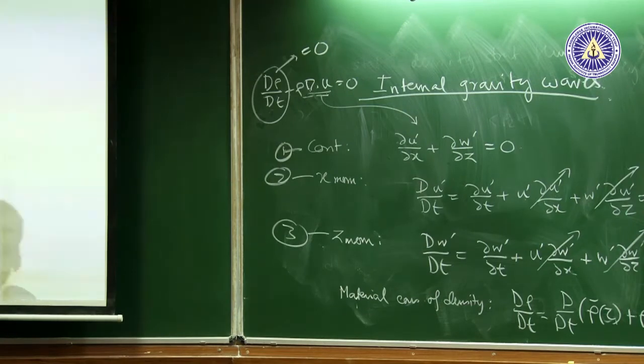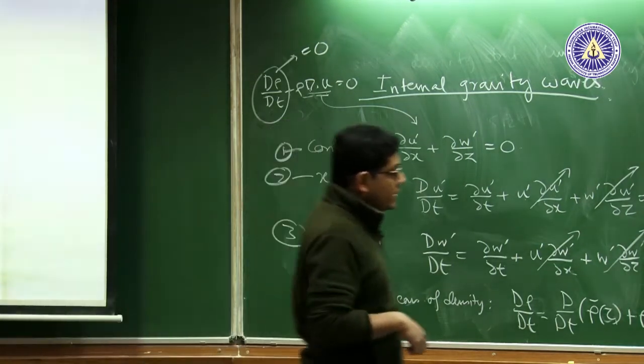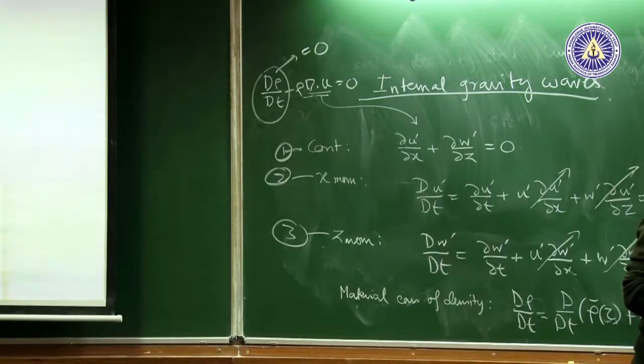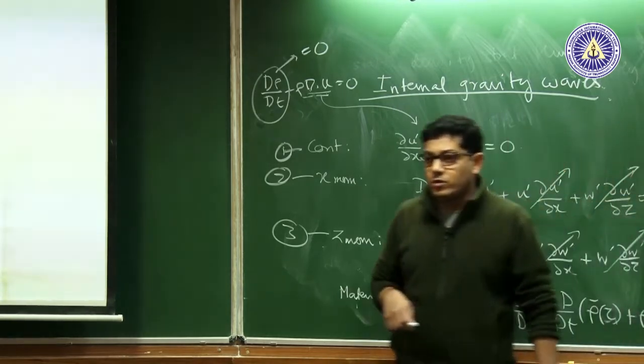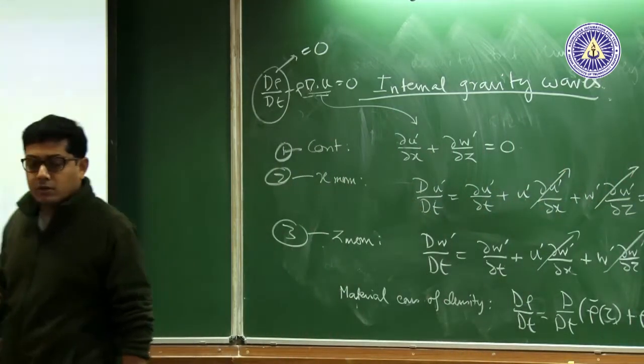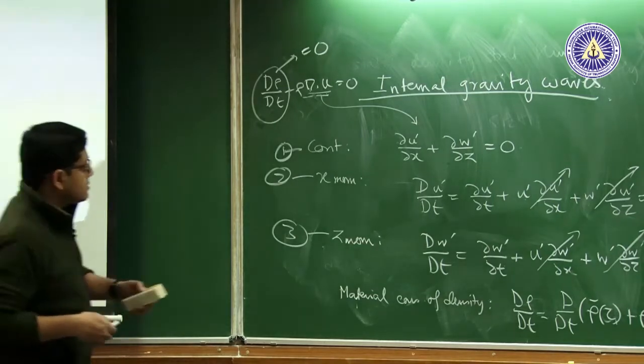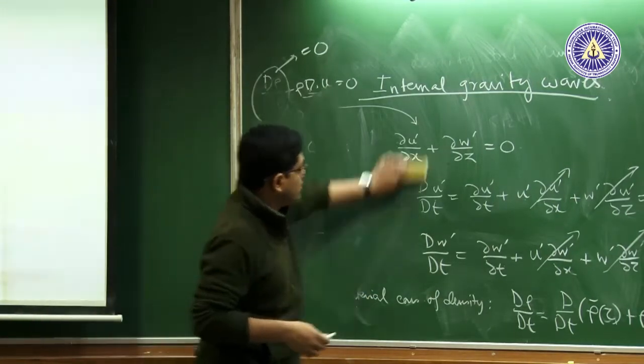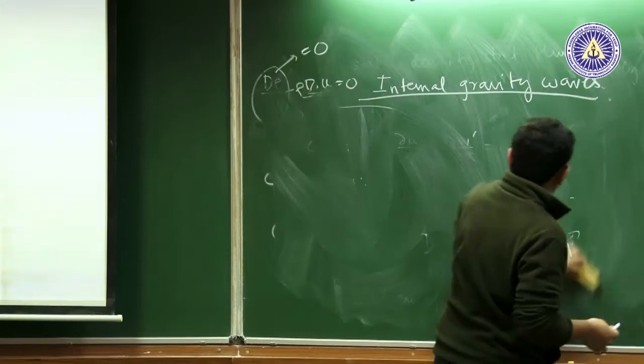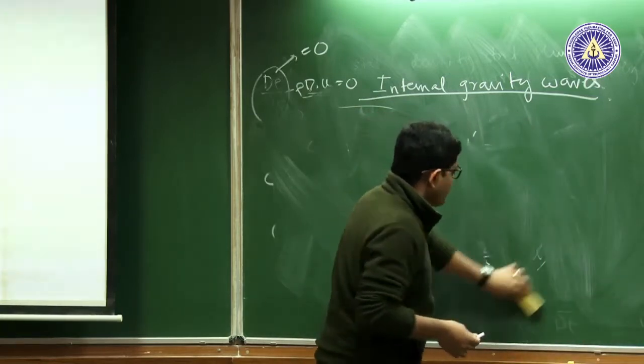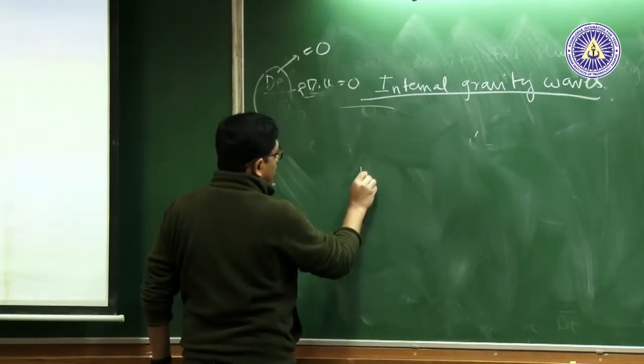So the next thing we will try to do is, how many of you know normal modes? Probably most of you know normal modes. It was also discussed in the last class. So you can assume a normal mode form.